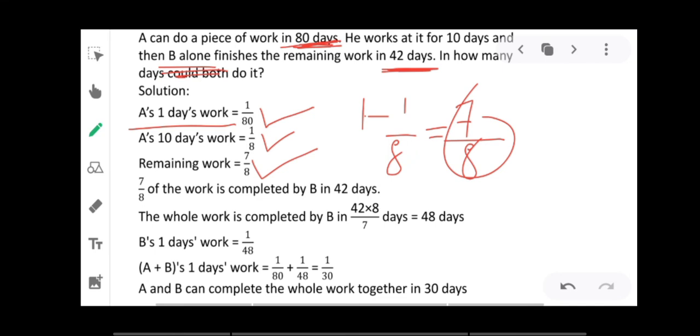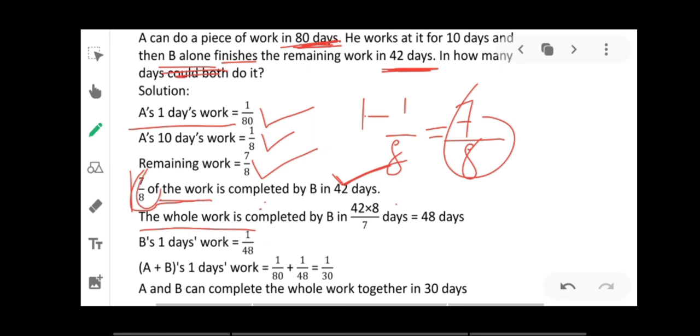That means 7 by 8 of the work is completed by B in 42 days, according to the question. So the whole work is completed by B in 42 into 8 by 7 days. Clear?